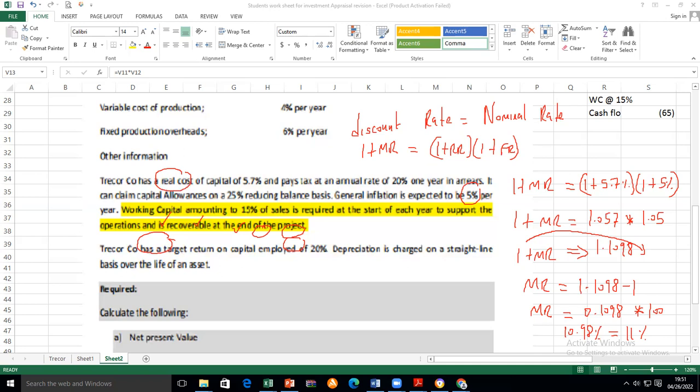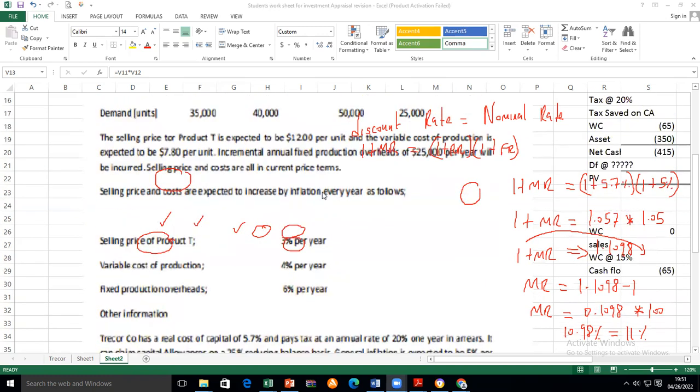That's the appropriate discount rate to be used. I hope you have seen how we have moved from the real rate to the money rate. If that is okay, we can now go back here and conclude our work.